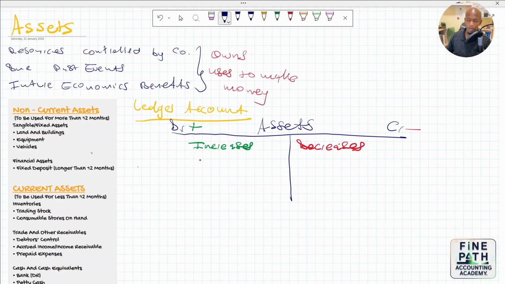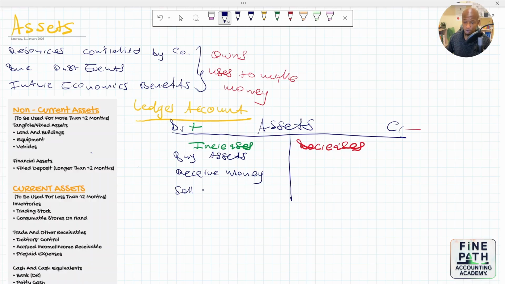Now let's look at examples of the transactions we might deal with that might increase our assets. The pretty obvious one is when we buy assets. When we buy a new asset, our asset base is going to increase. Another one would be when we receive money. When we receive money, our bank balance is going to increase.